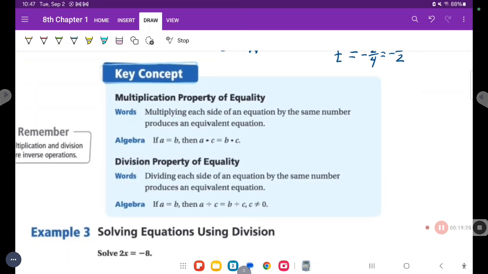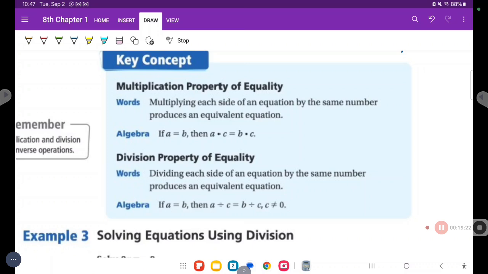Now, we have these similar properties. Kennedy, if you keep talking, you're going to move up. Okay, so on the multiplication and division, it's the same basic idea. If I multiply on the left, I have to multiply on the right.